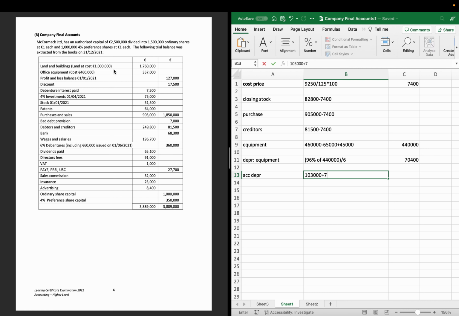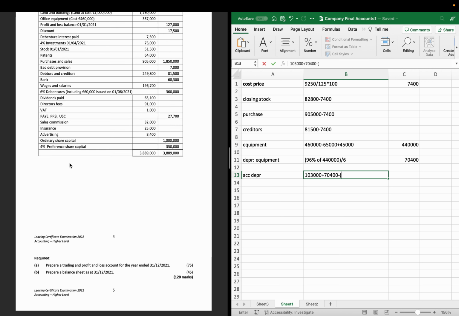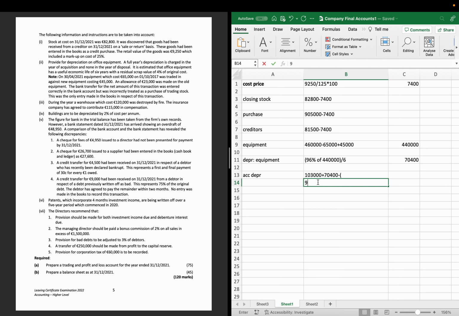Add on the 70,400 this year's, and then take away the depreciation on the one you sold, the one you traded in. So the 65,000. Remember, we're finding 96% of it, so you're not depreciating it to zero, and it's been written off over 6 years.